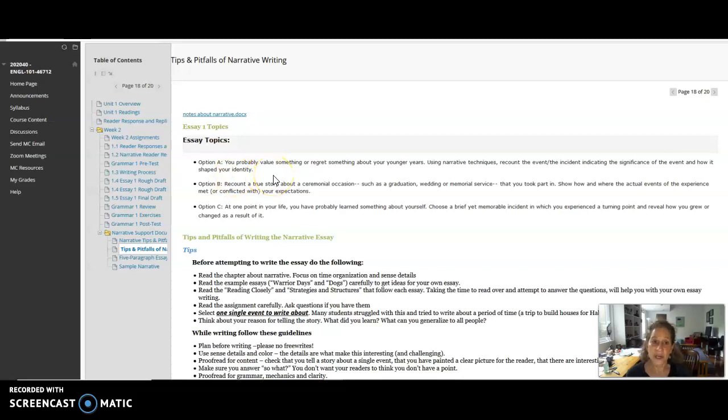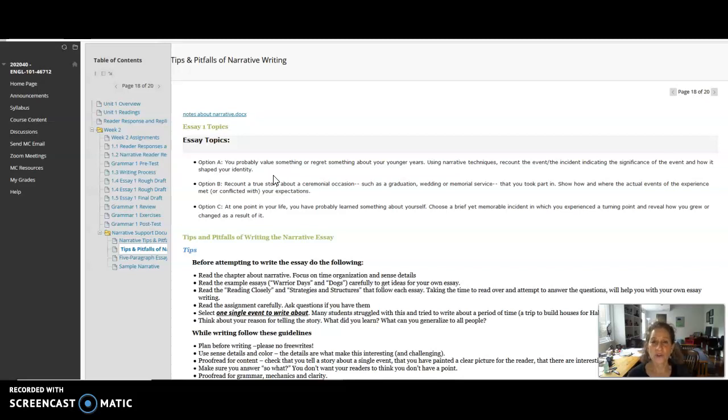Each of these is a narrative, and it's very important that you read the narrative chapter and pay attention to the elements that are essential for narratives, such as using lots of specific details, time order, and dialogue. The 2 short stories that you read will also help you figure out how to write your own essay.